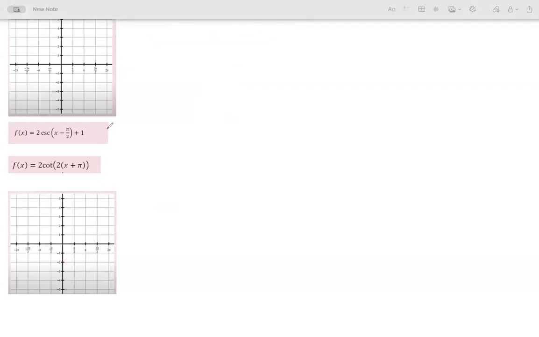Here, second one, cosecant graph, but the problem is it's shifted. First of all, it's up one, and then the amplitude is 2, but it is shifted by pi by 2 to the right. So what happens? The zero points get shifted by pi by 2, right?